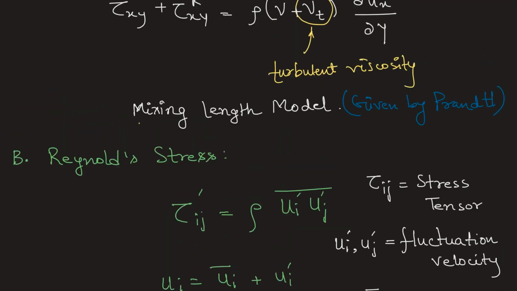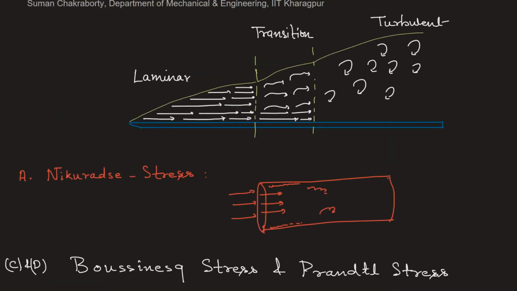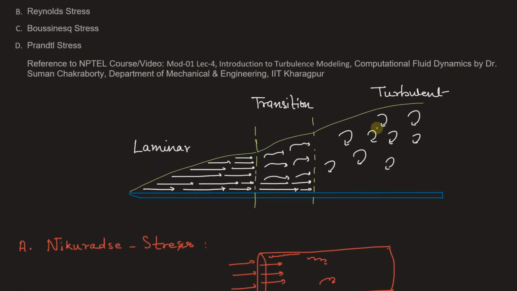Now let's go back to the flow over a flat plate and observe the turbulent boundary layer. Because of this swirling, there is fluctuation in velocity in the x as well as the y direction, that is ui dash and uj dash. Also the mean velocity is taken as ui bar and uj bar in the x and y direction respectively.